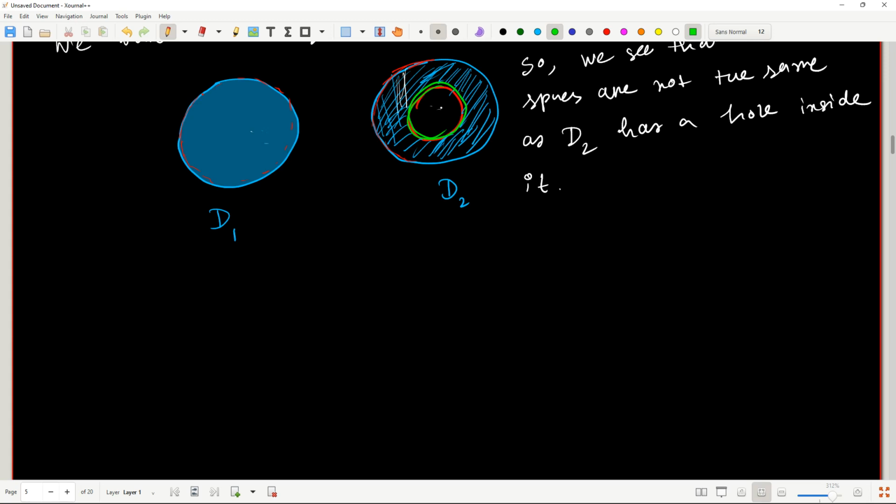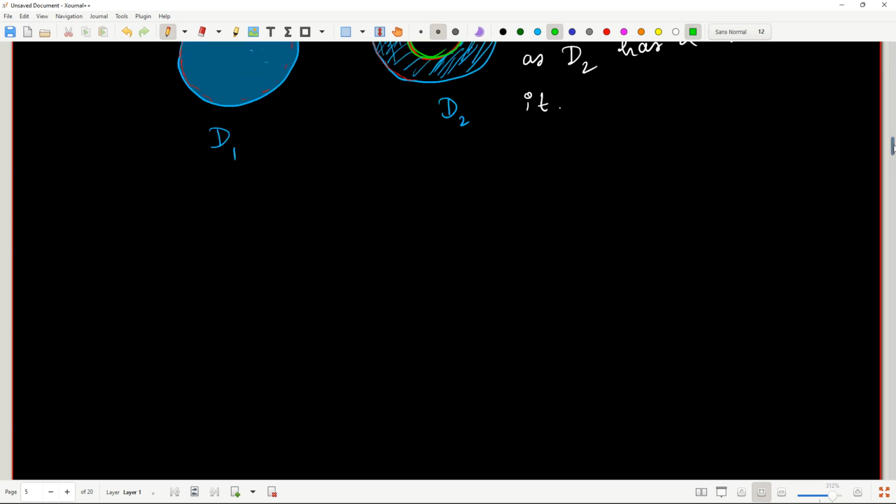And since this line, which is not a boundary, is inside the region, it's creating a hole. So we'll be interested to see how this type of things comes about. So with that, we want to move to our discussions, and we will start with some definitions and we will try to interpret them as we go along.